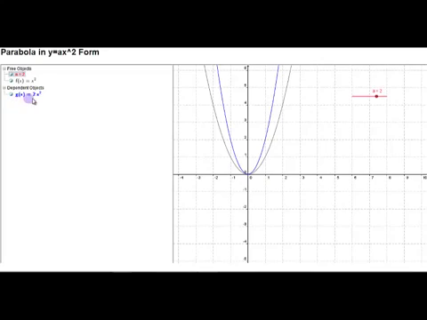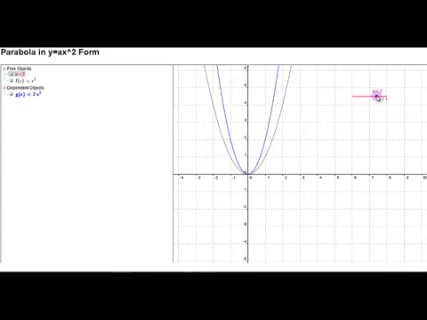So now the equation is g of x equals 2x squared, and you can see that's the blue equation. Okay, and the gray equation is the standard parabola f of x equals x squared. So when we made the coefficient a 2, it made the parabola look narrower.